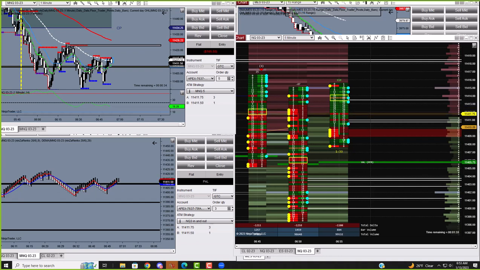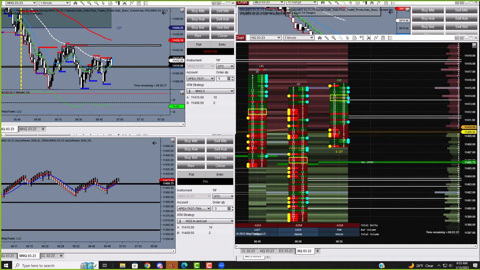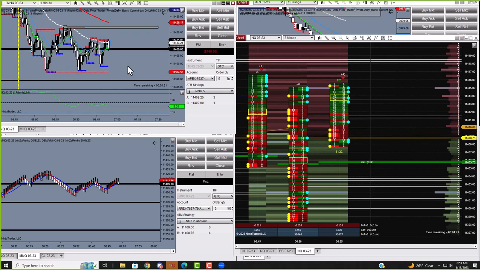Man, it's having a hard time every time it comes up here. We're below the 25 though, and we're pushing right into a 5-minute sell block.